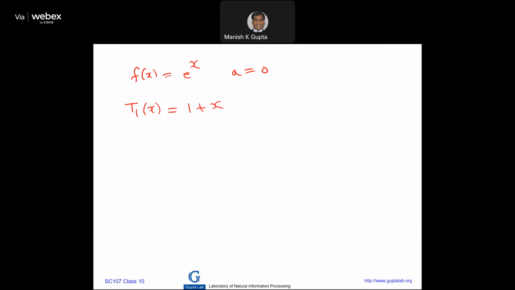Do you agree? 1 plus x, because e raised to power x is 1 plus x plus x square by factorial 2 plus x cube by factorial 3 and so on. So T1 of x is 1 plus x, T2 of x is 1 plus x plus x square by factorial 2, a polynomial of degree n. This is the Taylor polynomial.